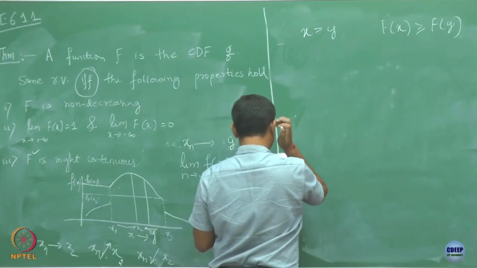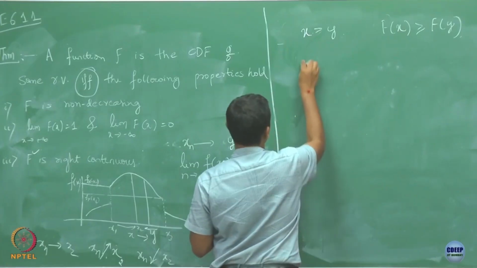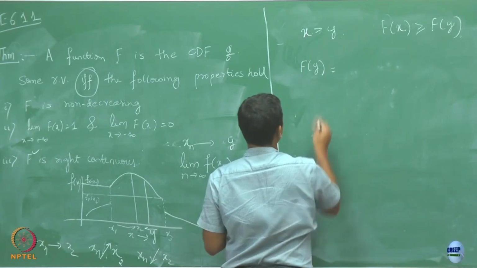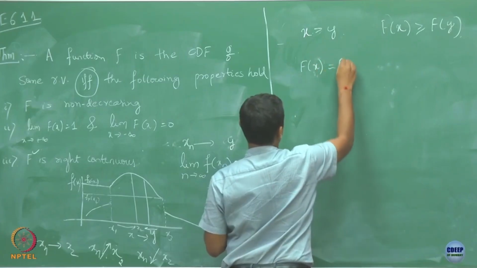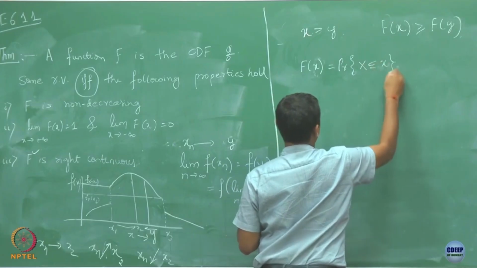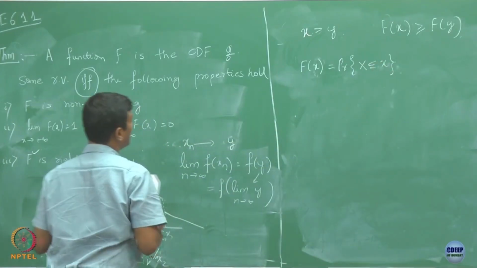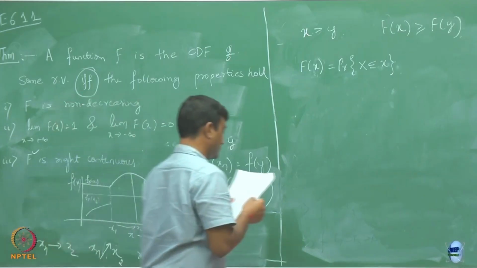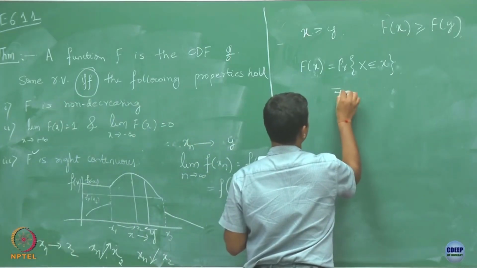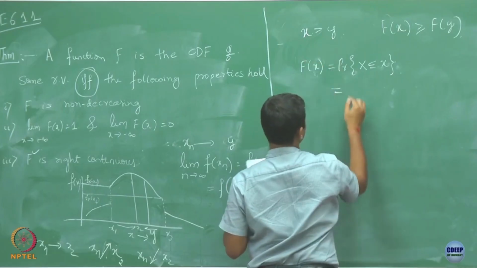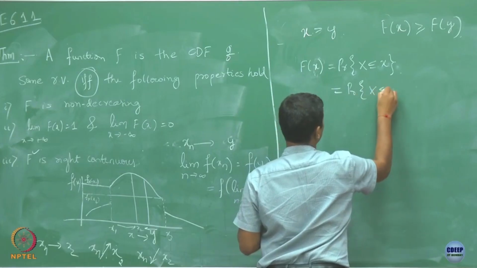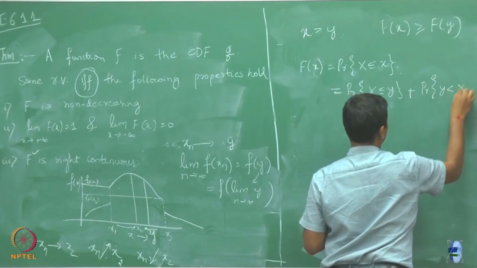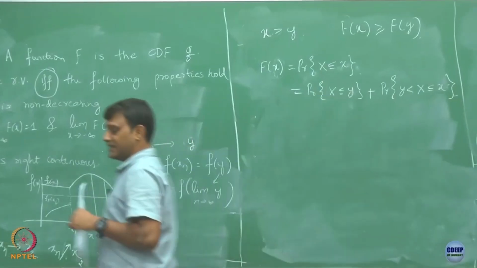By definition, f of x is the probability that X is less than or equal to x, and since y is strictly less than x, the event X less than or equal to x is the union of X less than or equal to y and X between y and x. Can I split this probability like this?